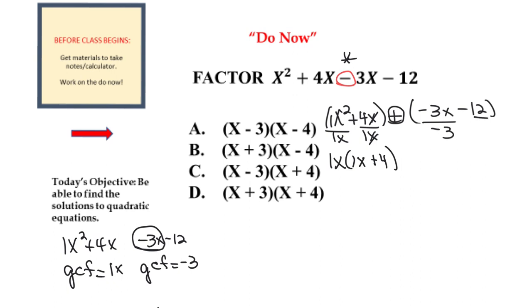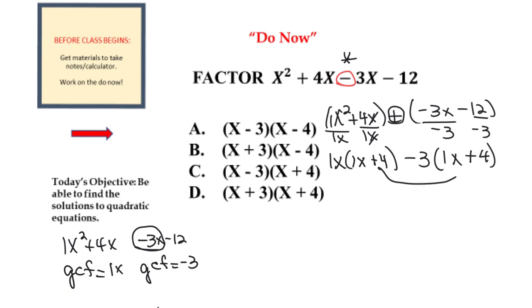And this is the only time that you're going to have a negative GCF. So I'm going to put the GCF in front of the parentheses times -3 divided by -3 is 1, and it leaves the x. -12 divided by -3 is +4.